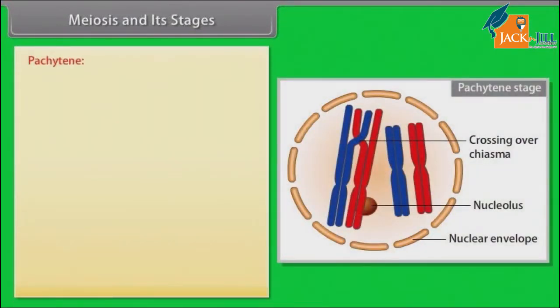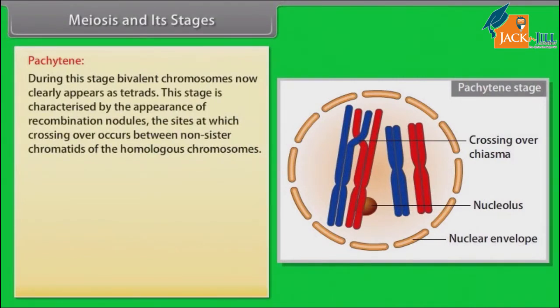Next stage, pachytene, is comparatively longer than the previous 2 stages. During pachytene stage, bivalent chromosomes now clearly appear as tetrads. This stage is characterized by the appearance of recombination nodules, the sites at which crossing over occurs between non-sister chromatids of the homologous chromosomes.